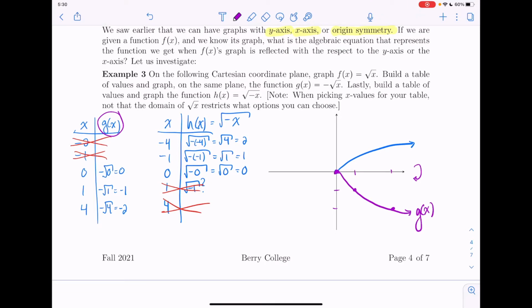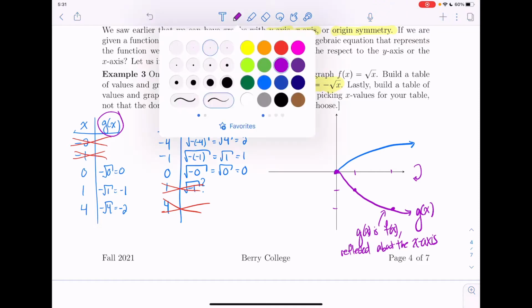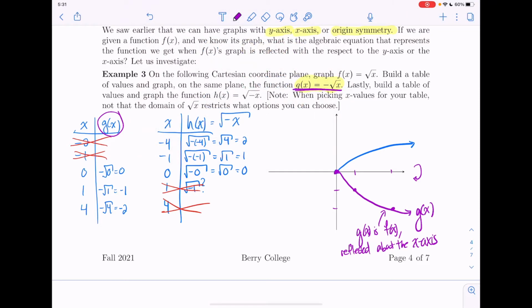So g of x is f of x reflected about the x-axis. So when we take f, which is square root of x, and we multiply a negative on the outside, it seems like we get x-axis symmetry.